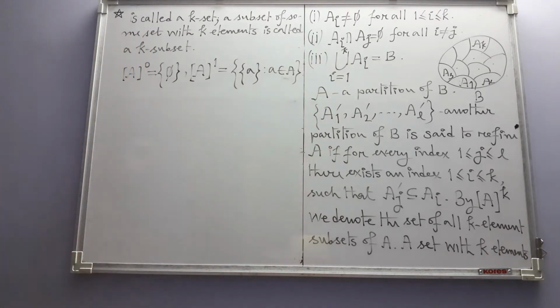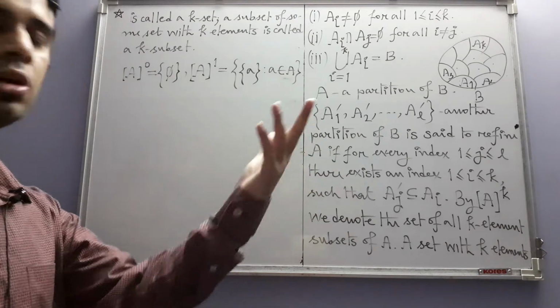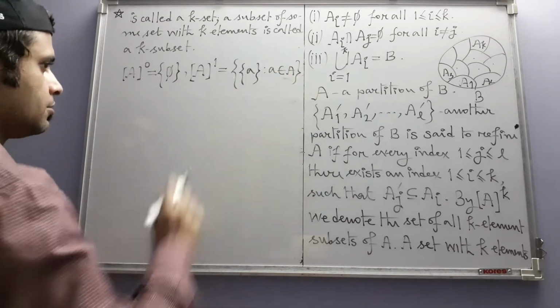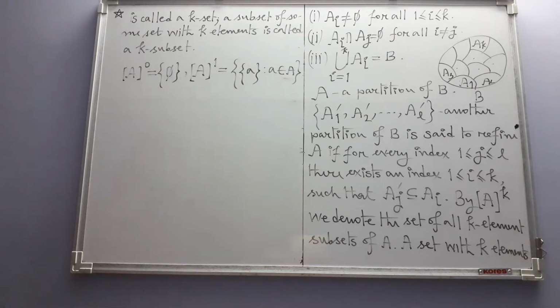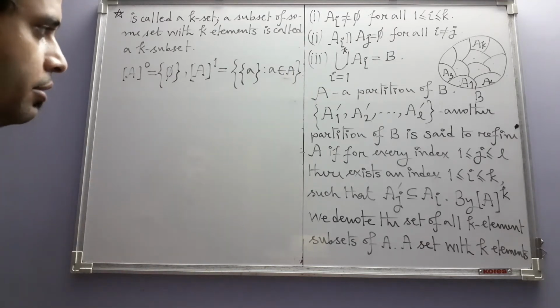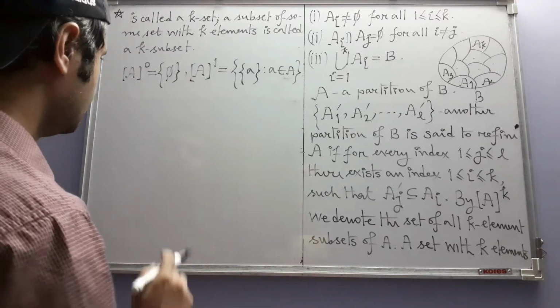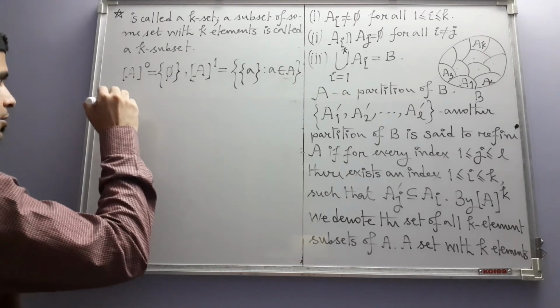And if you have 2 here, a set of all 2 element subsets of A, and so on. So these are basically the notations and terminology we will need, which come before graph theory. Now the first section starts.